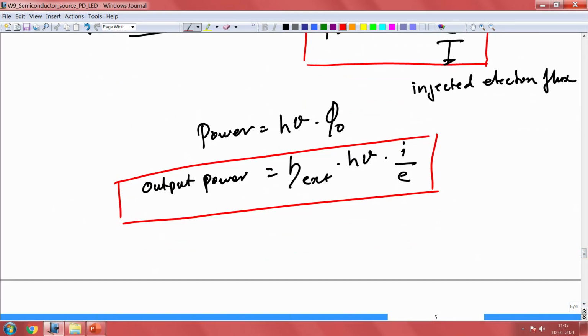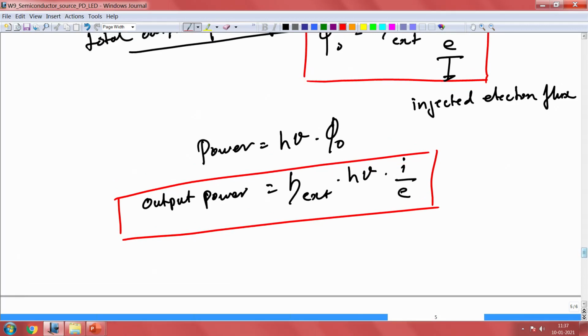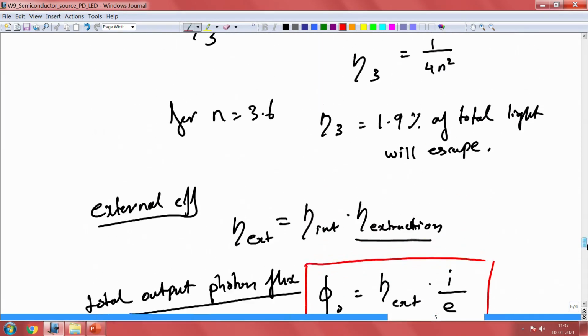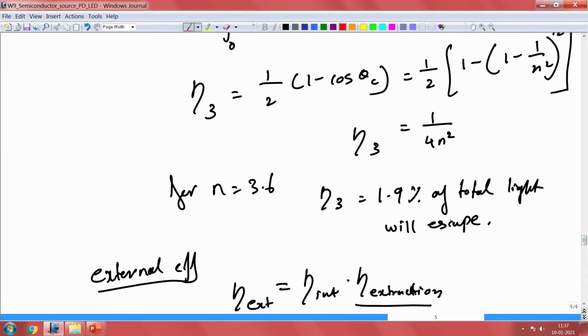Your external efficiency, as we saw, is rather low. The internal efficiencies can be 0.5, 0.6 easily, but the external efficiency is rather low. We are talking about 1% or so. So, your generation could be 50% efficient, then 60% efficient. In some of the systems you can have nearly 80-90% generation, that is internal quantum efficiency.